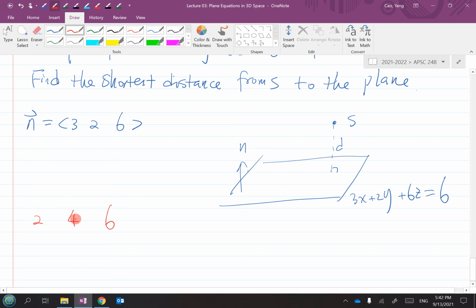Instead of writing 2, 4, 6, you could write 1, 2, 3. They're all the same direction, there's just a scale difference. 1, 2, 3 is probably easier to compute with than 2, 4, 6, but they don't make a difference at all. But for this one, there's no common factor, so I don't think you have any simpler values to present.